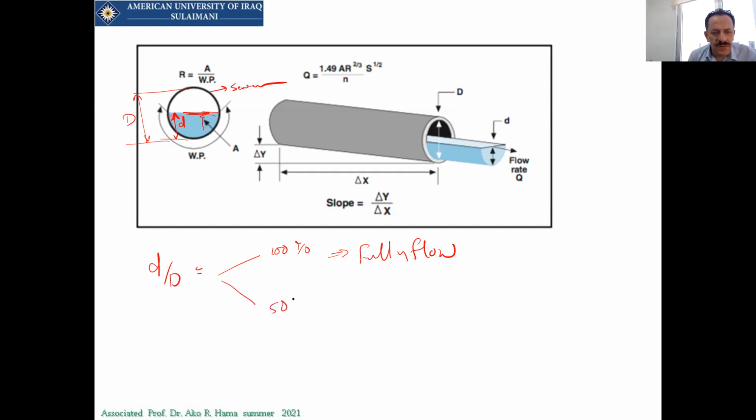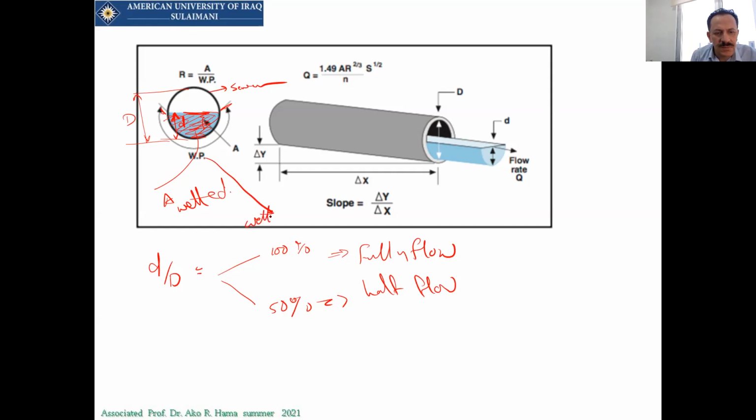And if we have 50%, it means that this is a half flow. And there is an area when it is a flow like this, and this is called the wetted area. And we have this distance, which represents the circumference of the wetted perimeter.